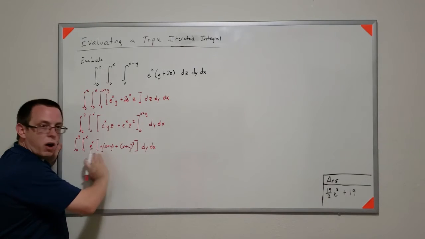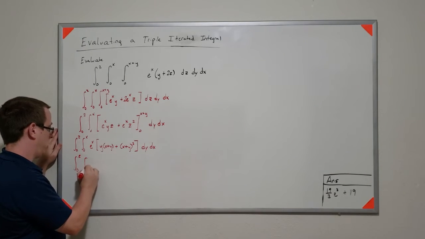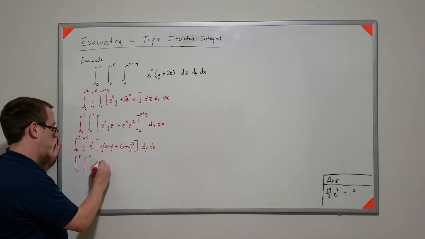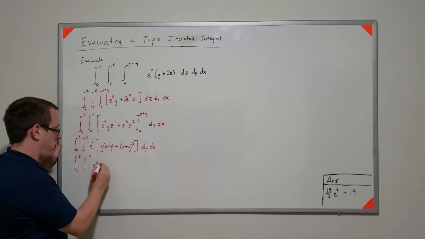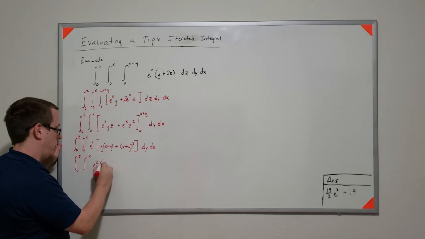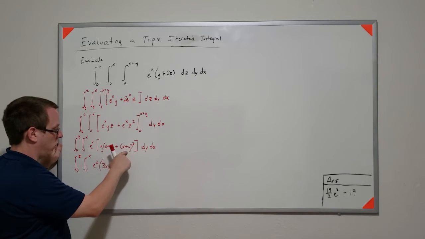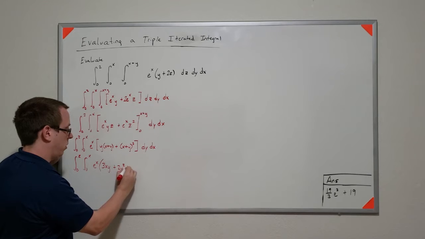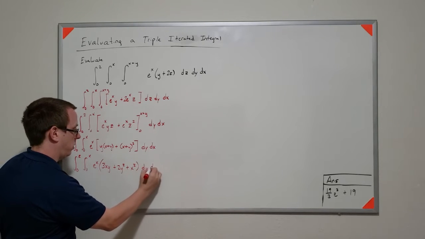So if we go ahead and multiply all of this out, we get 0 to 2, 0 to x, e to the x, and look, we get xy, we get 2xy here, so we get 3xy, and then we get y squared, so 2y squared plus x squared, dy dx.